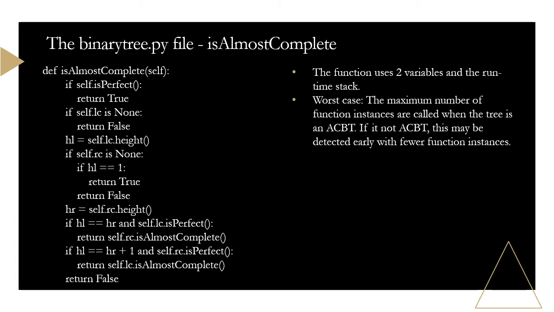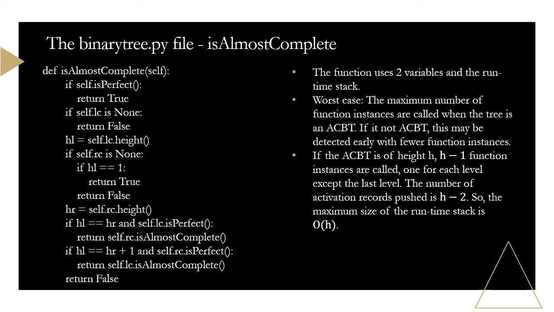Then the maximum number of function instances are called. If the ACBT is of height h, h minus 1 function instances are called, one for each level except the last level. And the number of activation records pushed is h minus 2 because the last function instance is the base case of recursion.